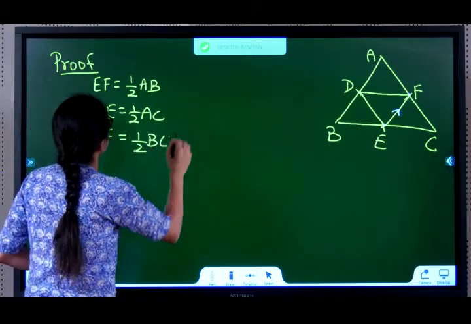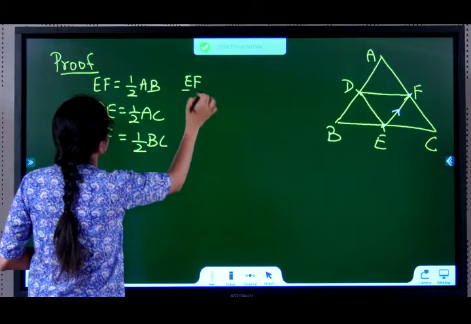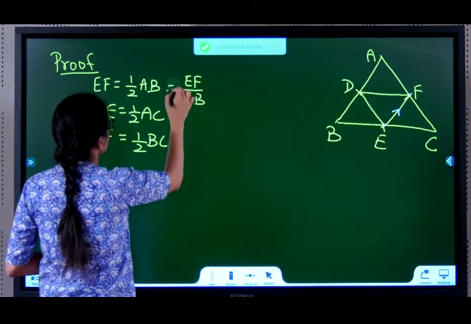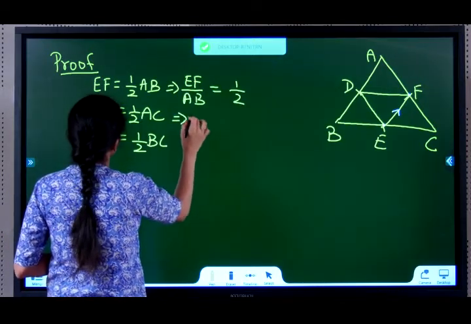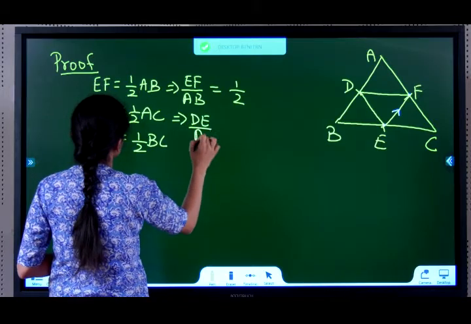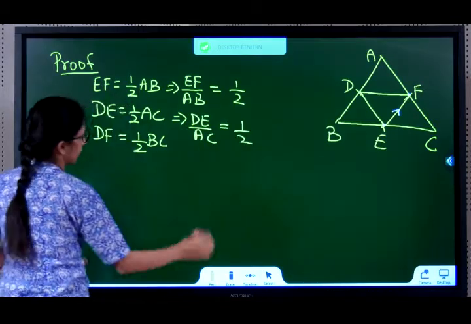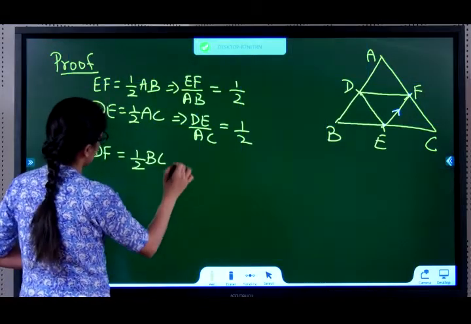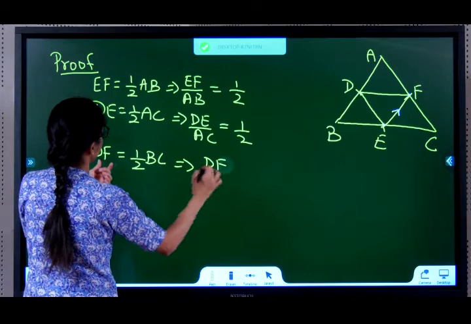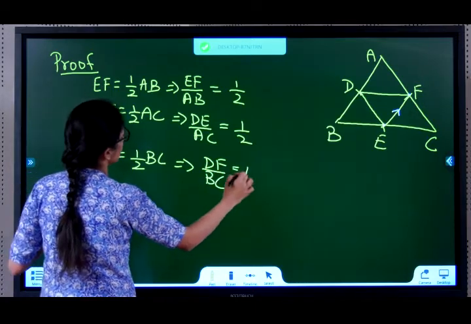Can I? Yes. Therefore, can I rewrite this as EF by AB is equal to 1 by 2? Can I rewrite this as DE by AC is equal to 1 by 2? Yes, I can. Can I rewrite this as DF by BC is equal to 1 by 2?